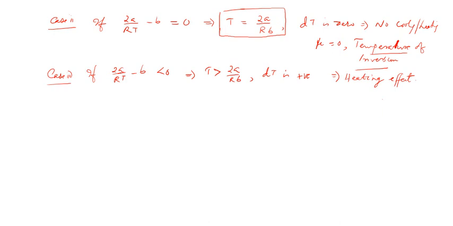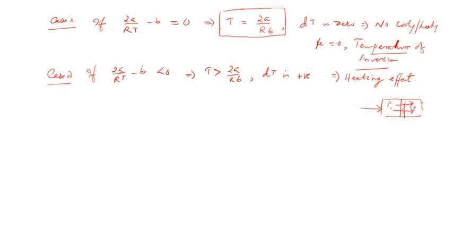See what the meaning is. We have seen the throttling phenomenon: you have a porous plug, a porous partition, and a gas initially at PI, some high pressure, and there is PF, low pressure. The gas is made to undergo an expansion from a high pressure region to a low pressure region through a valve or a throttle.